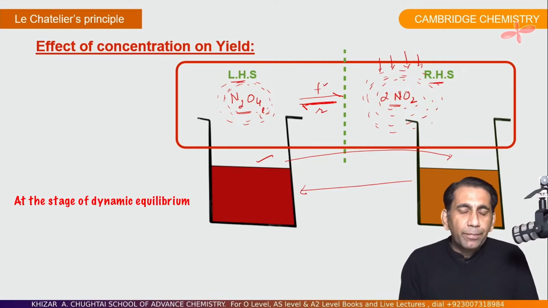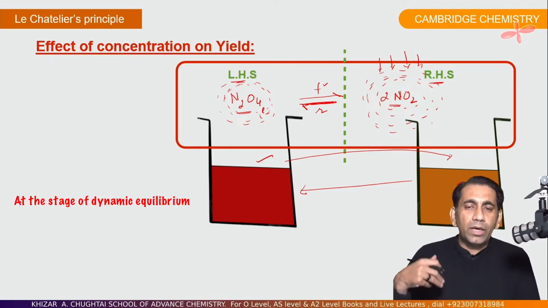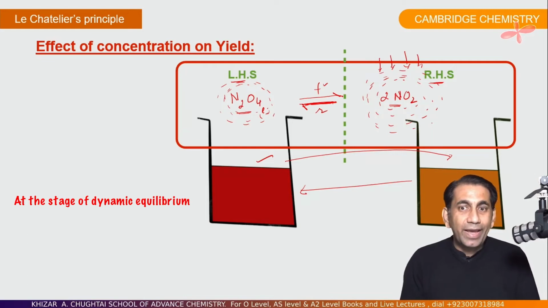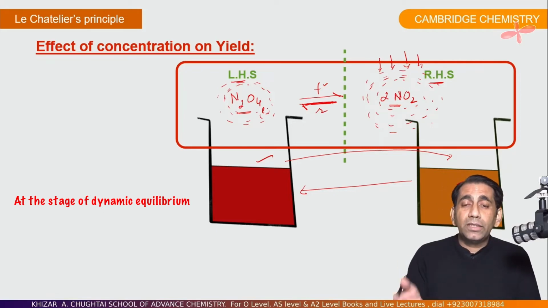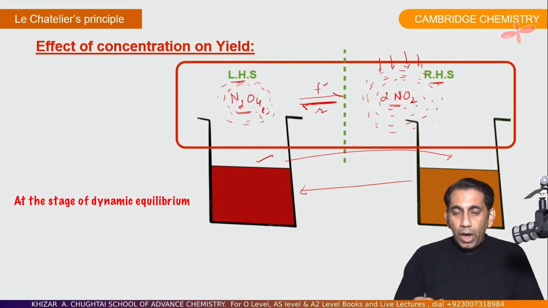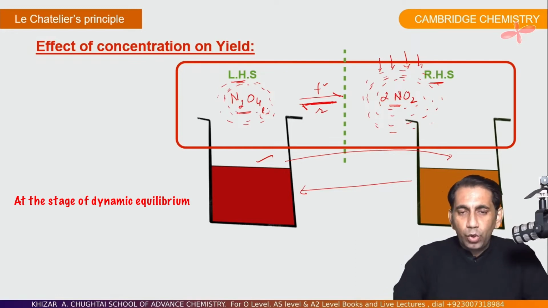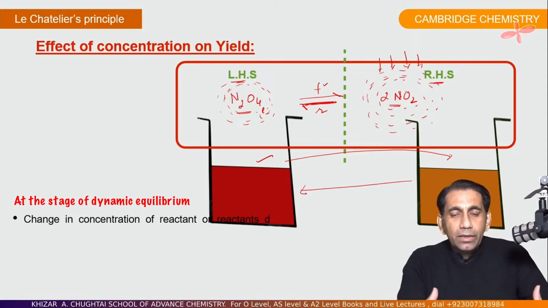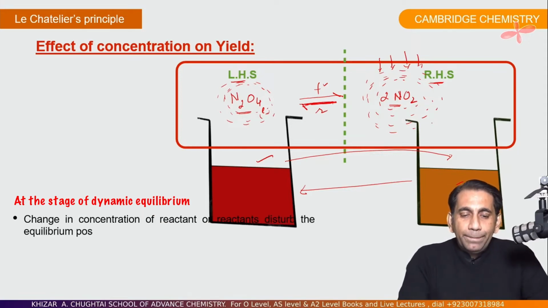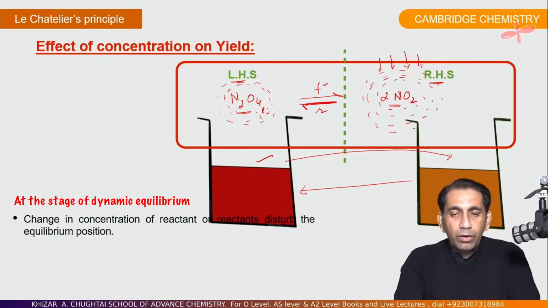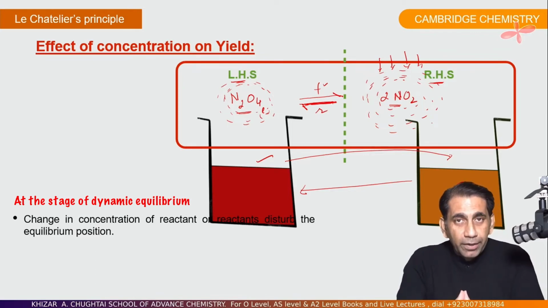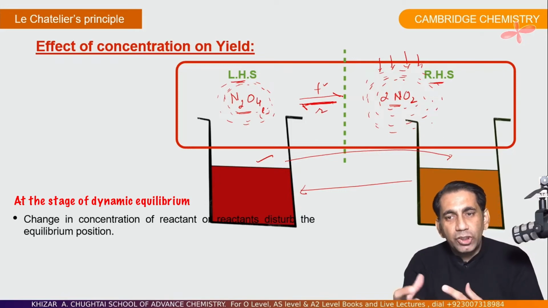So it means that upon the addition of, or upon increasing the concentration of, any species, the equilibrium shifts towards the other side of the equation. How to report the answer? Let's see over here. On changing the concentration of the reactant or the reactants, there is a disturbance of the equilibrium position. Change in concentration is associated with change in equilibrium.